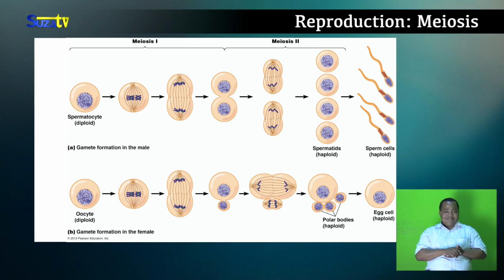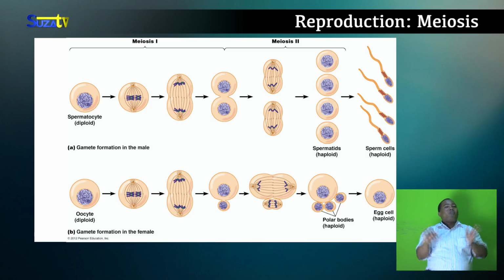Both the secondary oocyte and the first polar body enter the second meiotic division to form 2 ootids and 2 second polar bodies. The 2 ootids formed will differentiate into ovum with the haploid number of chromosomes.